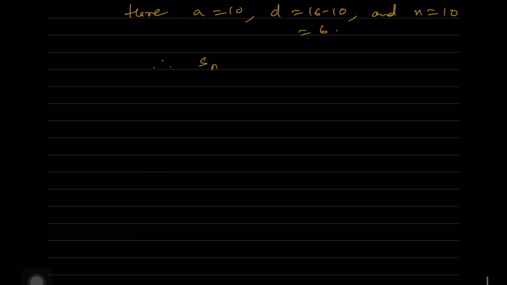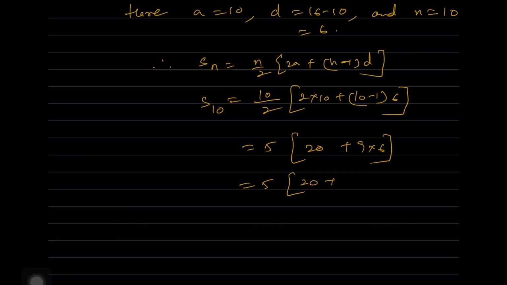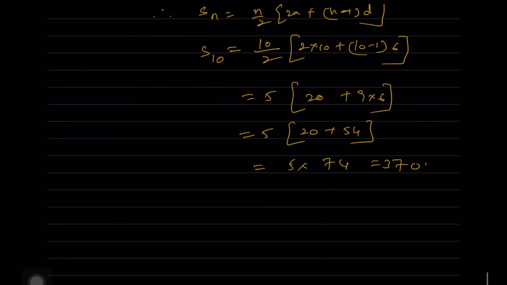So therefore Sn is equal to n by 2 into 2a plus n minus 1 into d. So S10 is equal to 10 by 2 into 2 into 10 plus 10 minus 1 into 6, which is equal to 5 into 20 plus 9 into 6, which is equal to 5 into 20 plus 54, which is equal to 5 into 74, which is equal to 370.